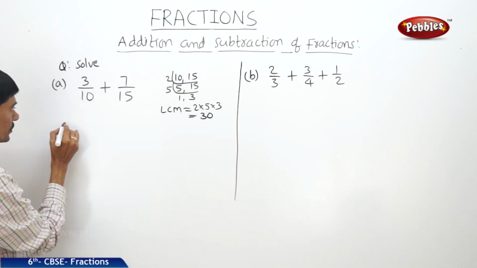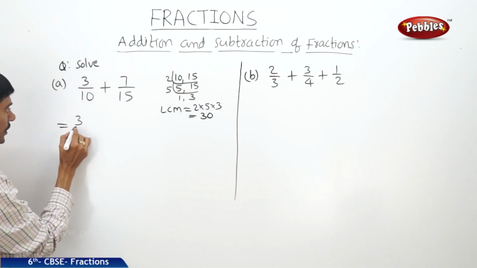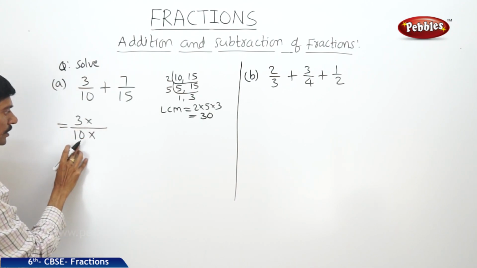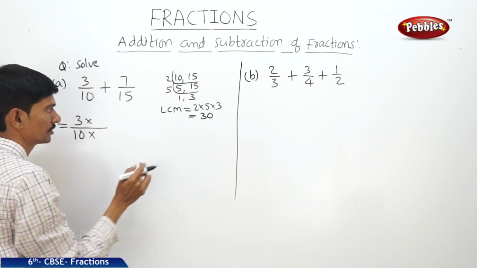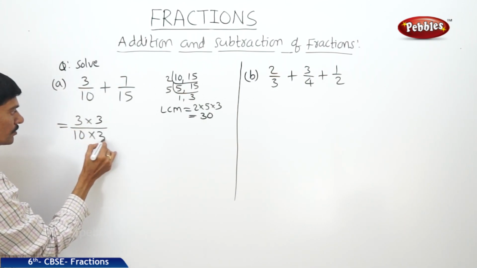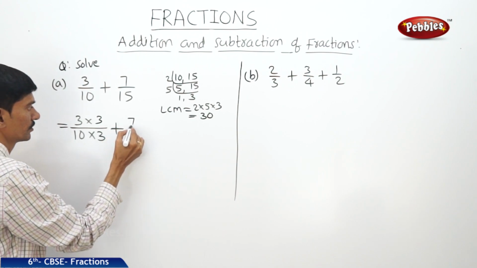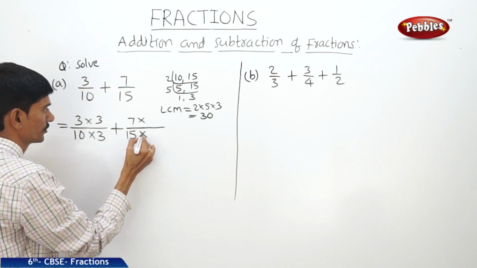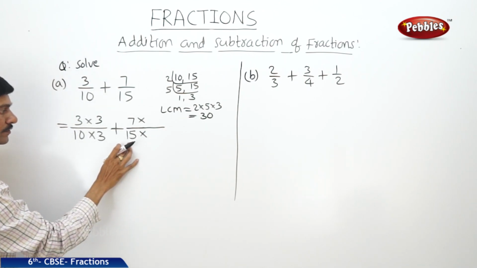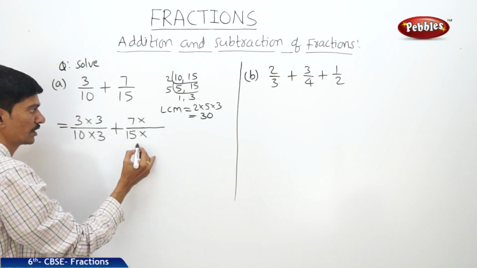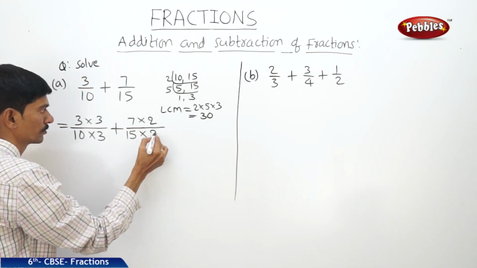So then we get 3 by 10 into, the denominator 10 3 times is 30, so we multiply both numerator and denominator by 3, plus 7 by 15. Here the denominator 15 2 times becomes 30, so we multiply both numerator and denominator by 2.